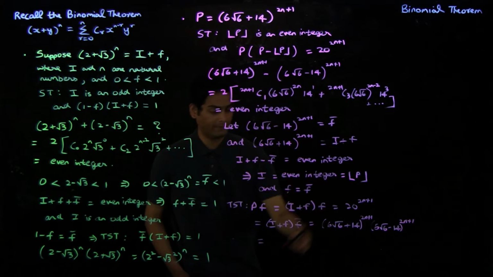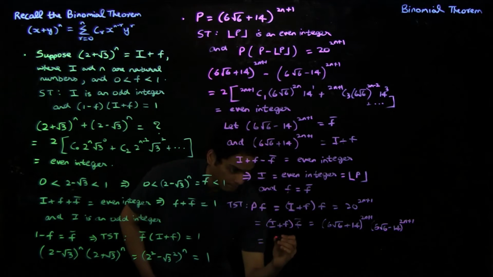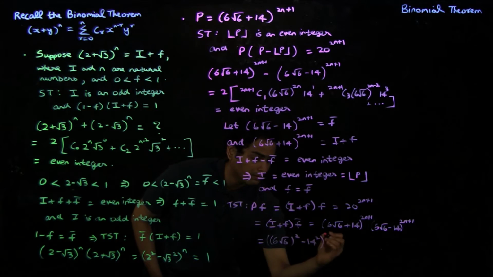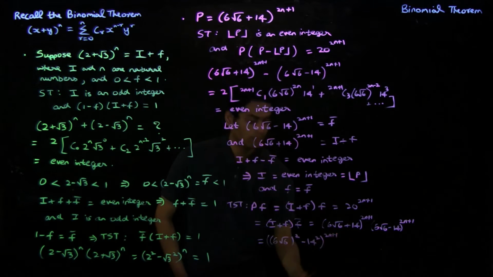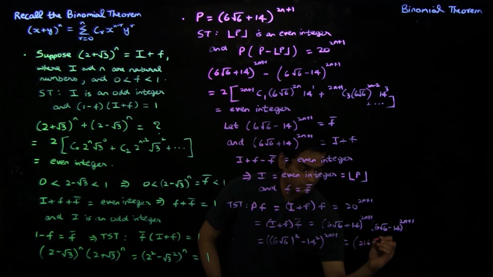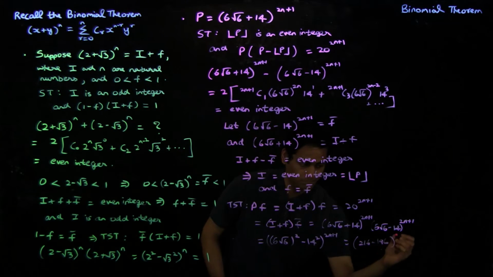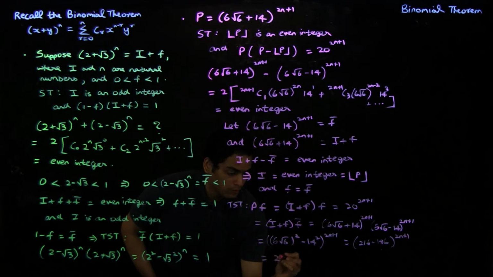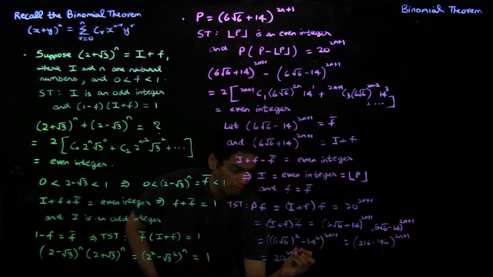And you can once again expand this expression to be 6 times square root of 6 whole square minus 14 square, power 2n plus 1. And this gives us 216 minus 196 power 2n plus 1, which is 20 power 2n plus 1.